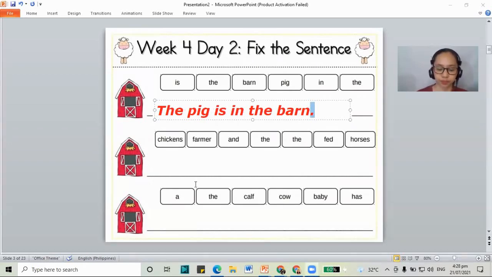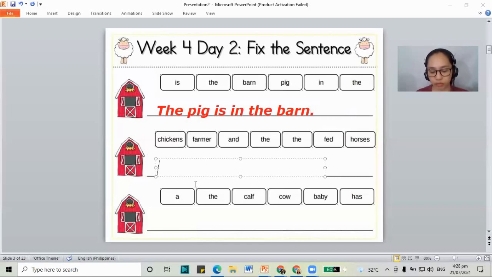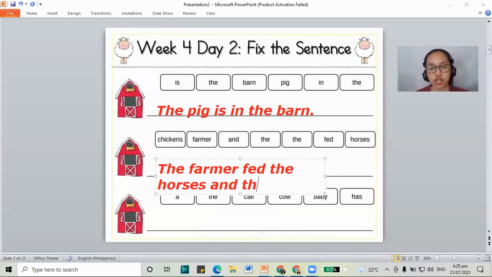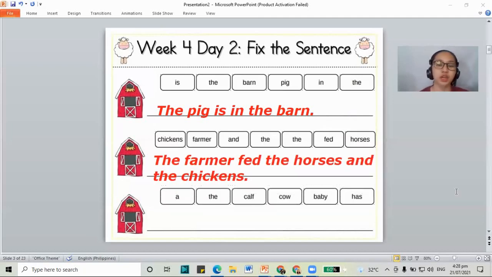Next one. What else do we have? The farmer fed the horses and the chickens. Let me make this fit in our space here.